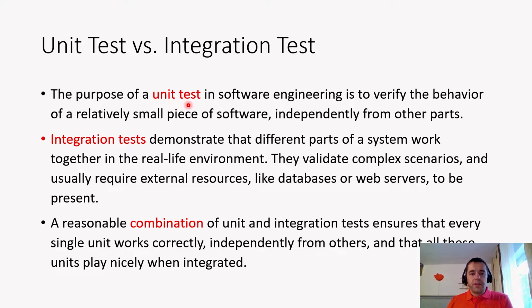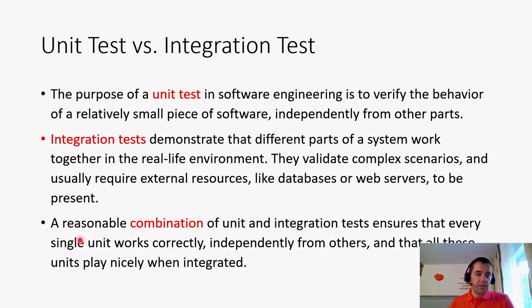The purpose of the unit test in software engineering is to verify the behavior of relatively small pieces of software independent from other parts. On the other hand, integration tests demonstrate that different parts of a system work together, like in a real-world environment. They validate complex scenarios and usually require external resources like databases and web servers to be present.